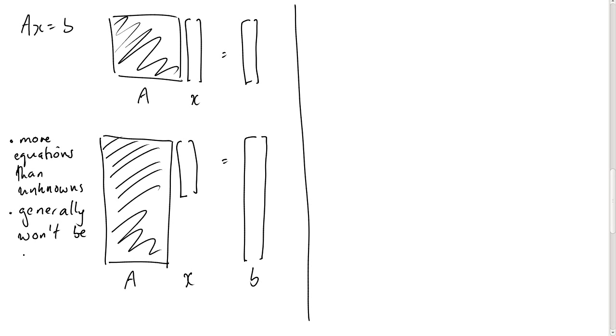So if we've got such a system, it's called an overdetermined system. There are too many equations.